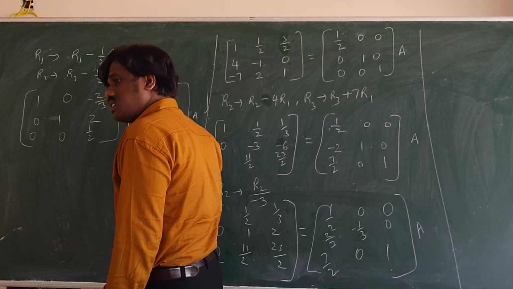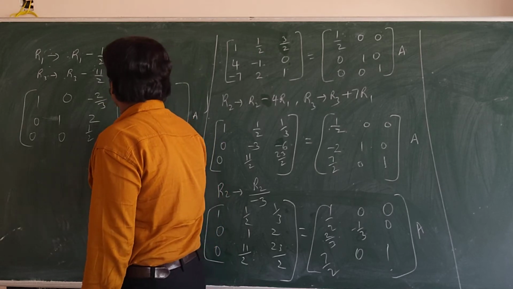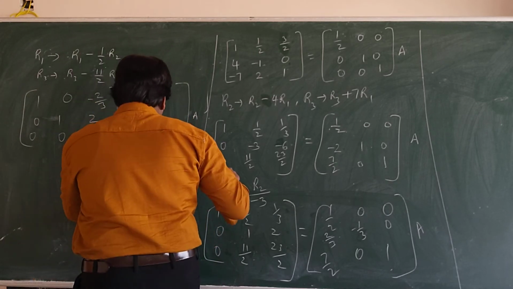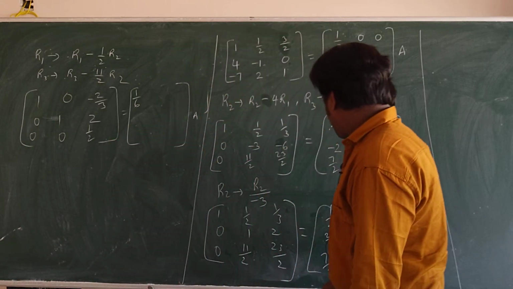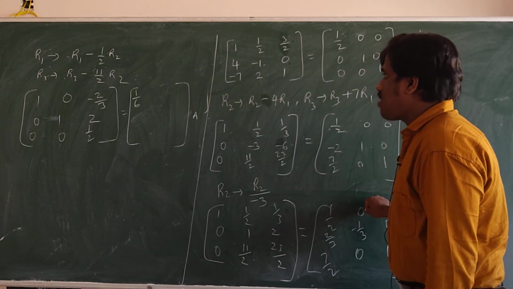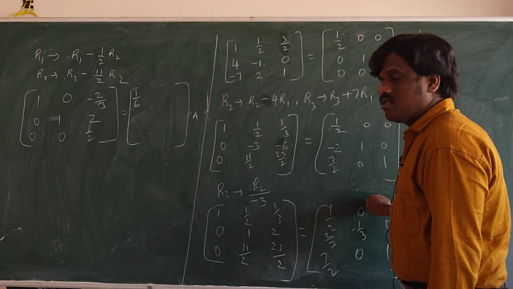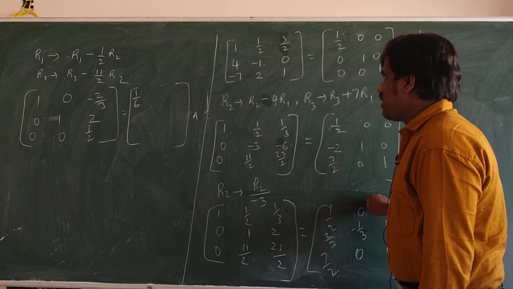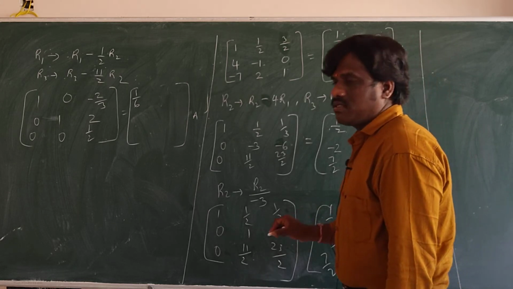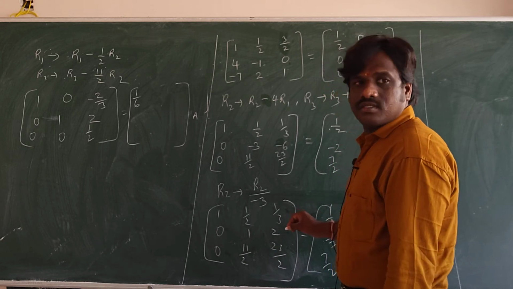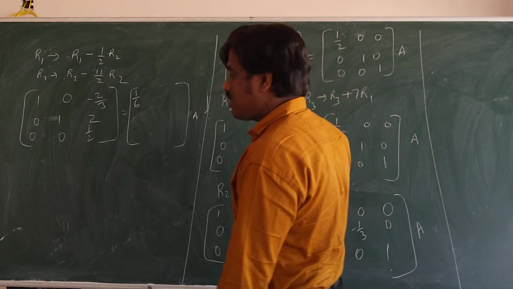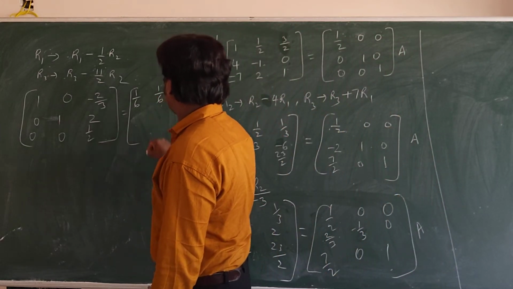6. 1 by 6. Okay. Next 0. 0 minus 1 by 2 plus 1 by 6, right? Plus 1 by 6.